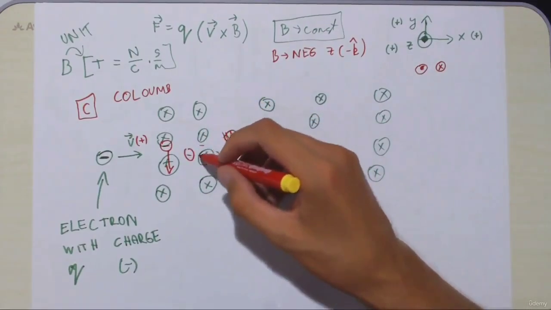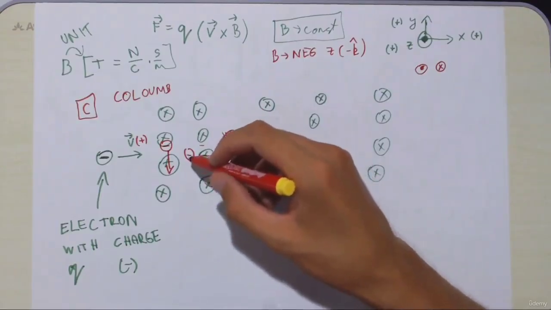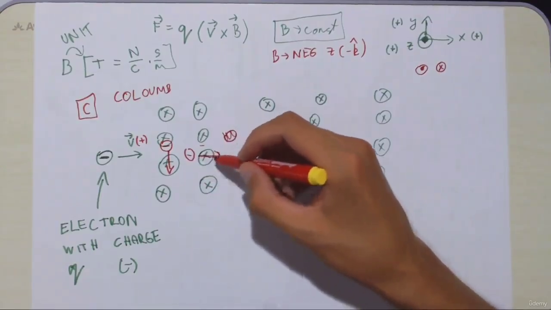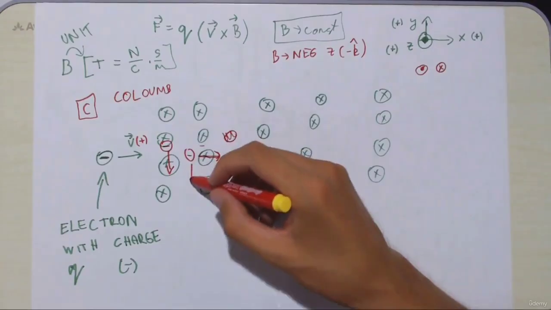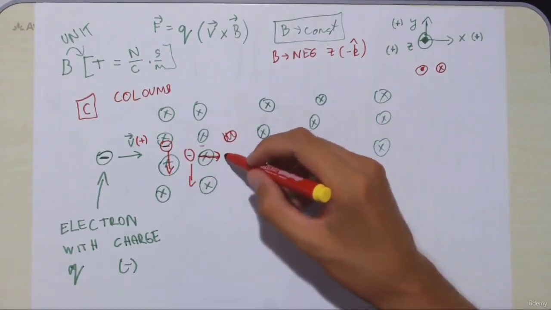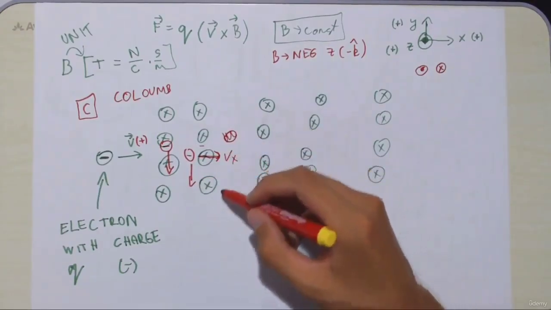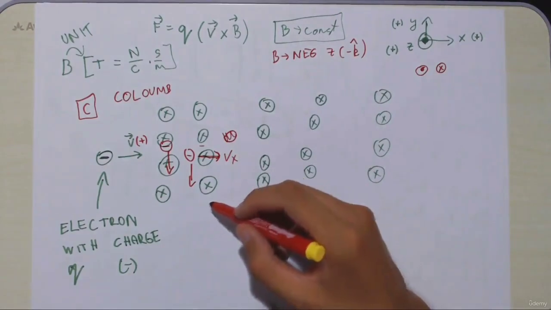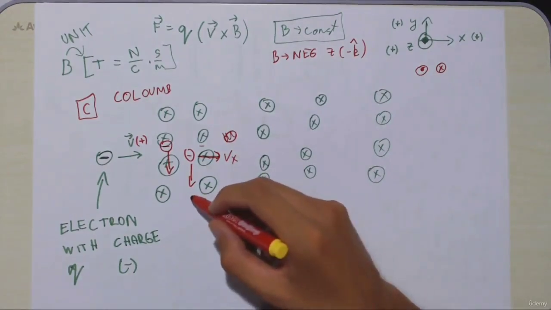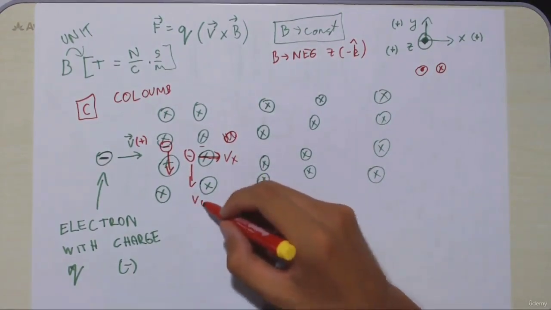But then what will happen with the force? Because remember, it will go there, but now it has also gone in this direction, right? So now not only do you have the Vx component, you also have the negative Vy component.